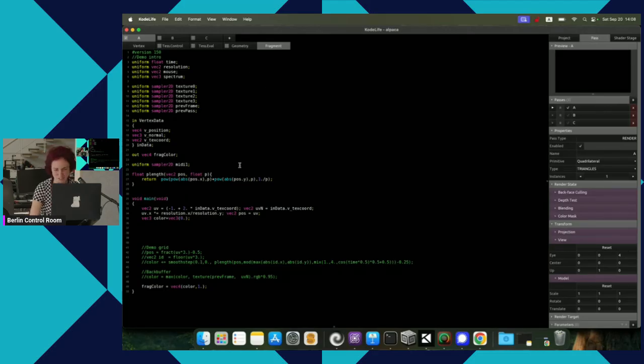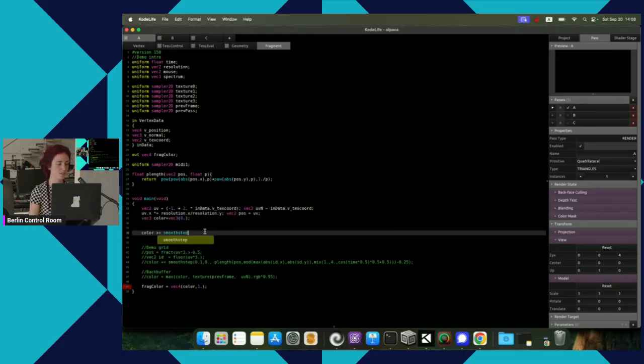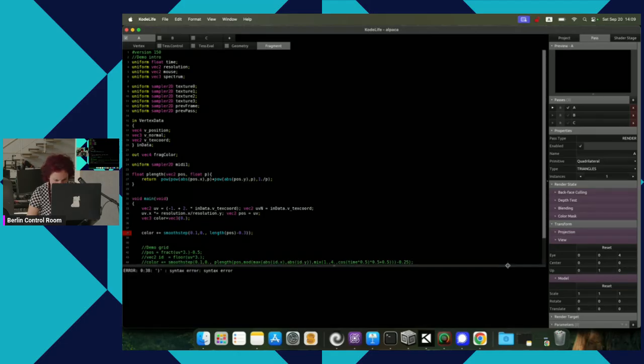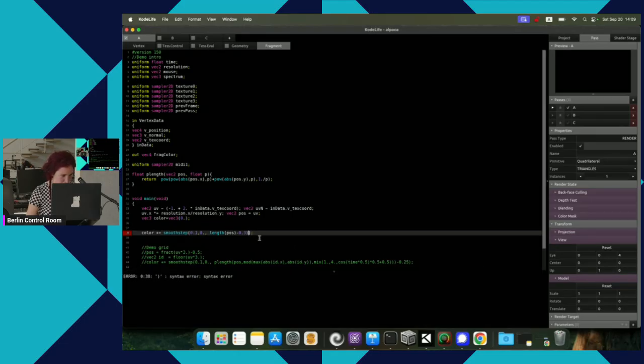I don't know if you are familiar with shaders, but if you want to draw a circle, we use these signed distance functions. This is not what is wrong. Oh yeah, syntax error. Yes, parentheses.